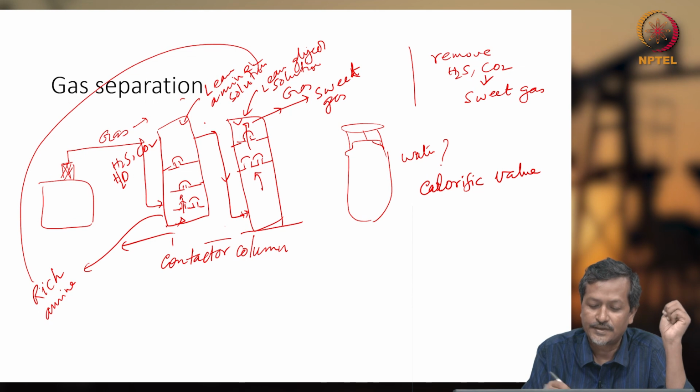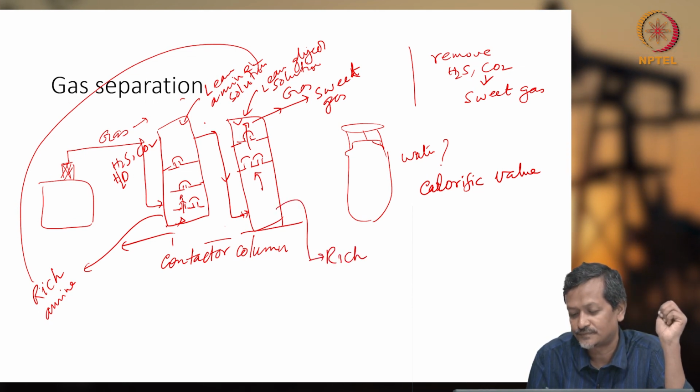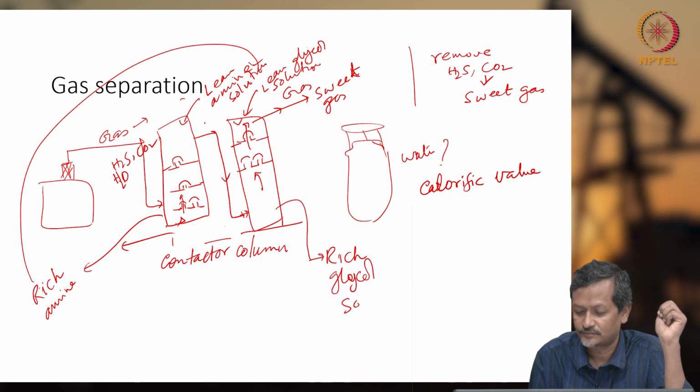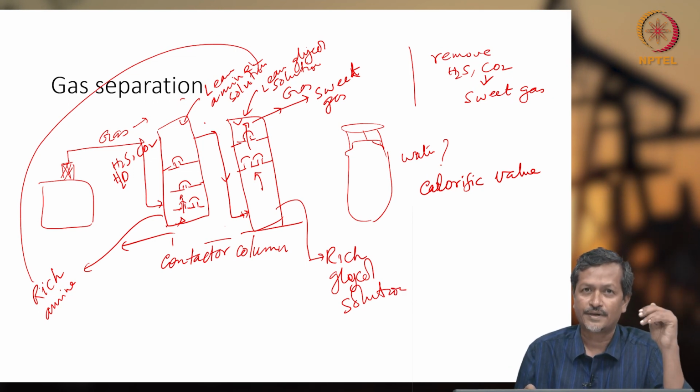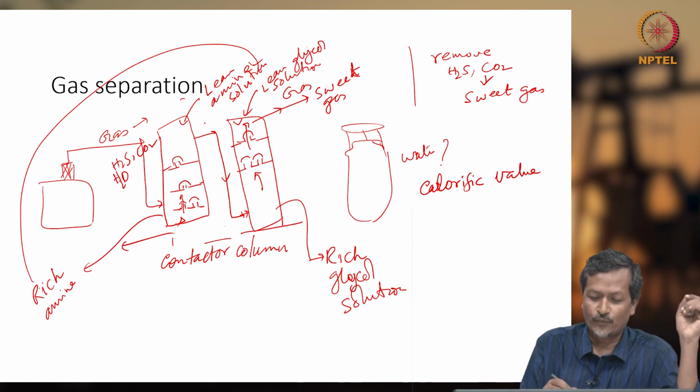That lean glycol solution will exit as a rich glycol solution. When you get the rich glycol solution, again you make it lean, again you inject.